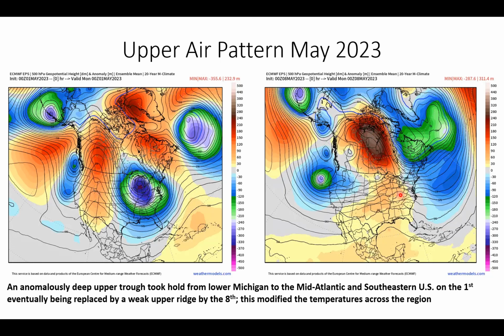Then we saw a flatter zonal look from west to east in these height contours, these solid black lines, with generally more west to east upper level winds by the 8th of May. And that deep trough that was situated over the Ohio Valley has now migrated to the northeast over the Canadian Maritimes.